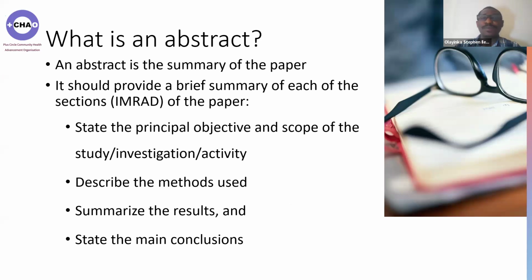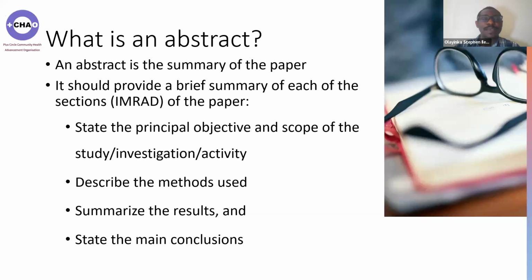It's the summary of the paper, summary of the work that you have done, summary of the program that you have carried out, summary of your projects, or summary of a group of activities that you have laid your hands on. It provides a brief summary of each section of the paper, whether you have written out the full paper or you are just starting with your abstract. So this is the summary of whatever job or work that has been done.